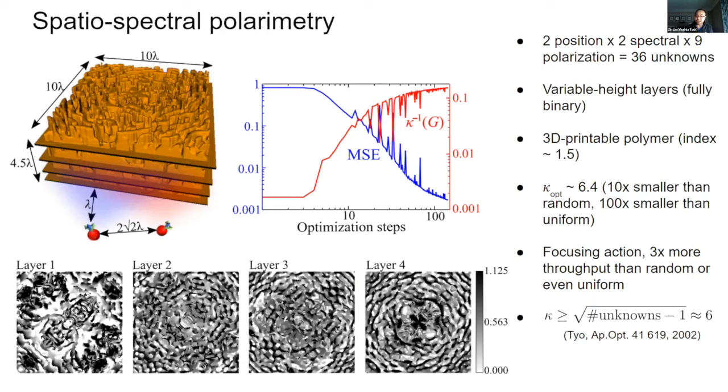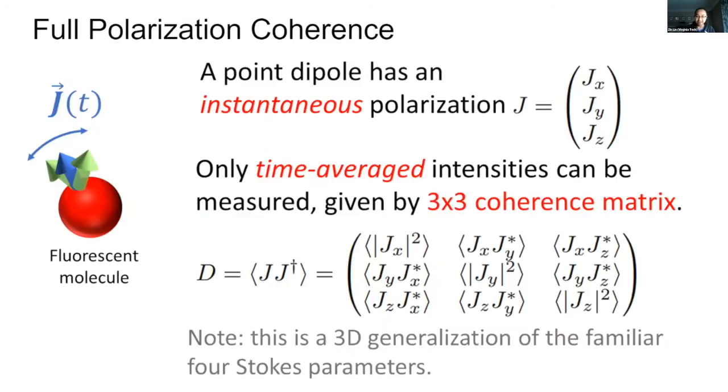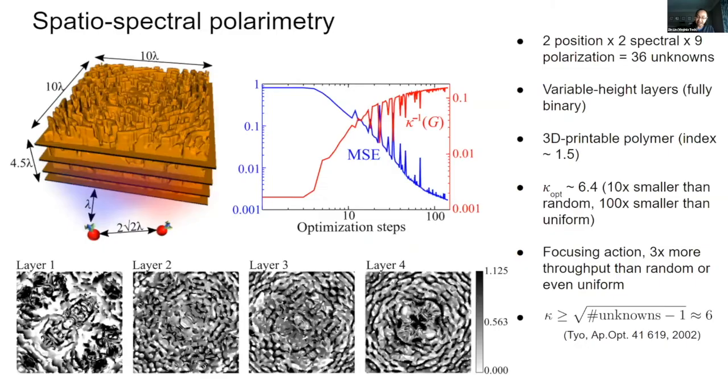We use the end-to-end formulation to design a very compact device which can measure the full coherence matrix of a fluorescent molecule, for example. But it doesn't have to be just the polarization information.